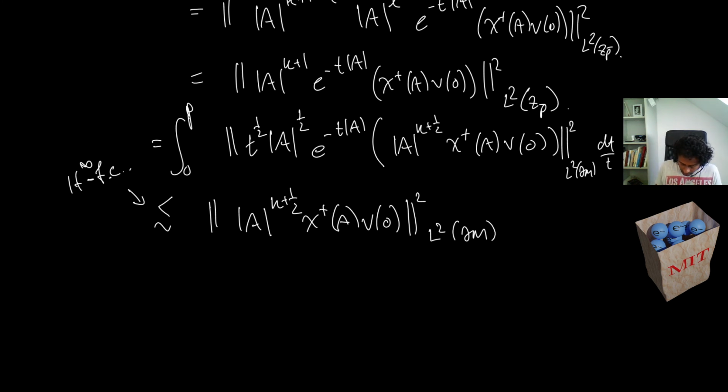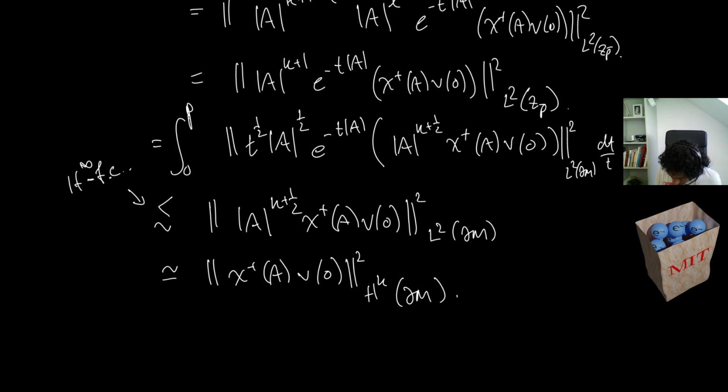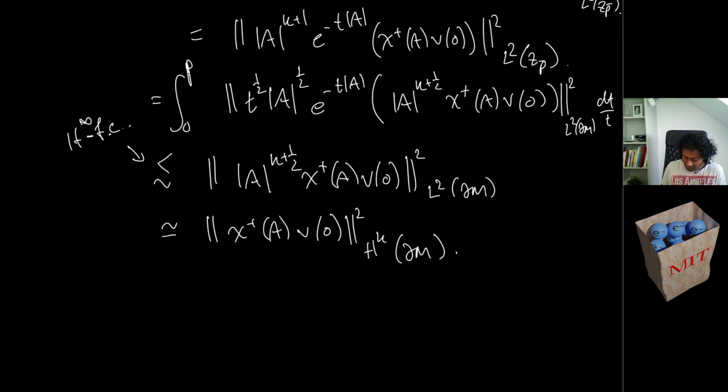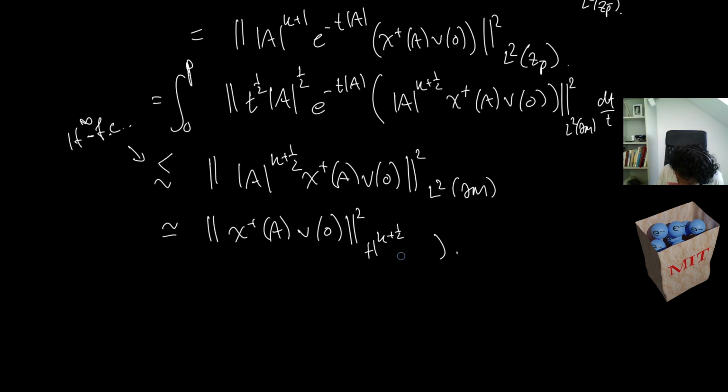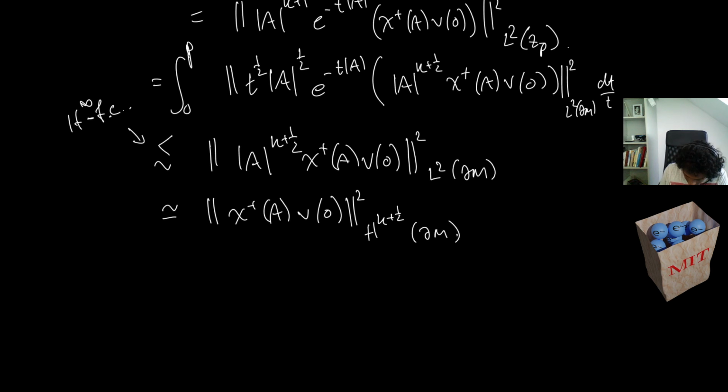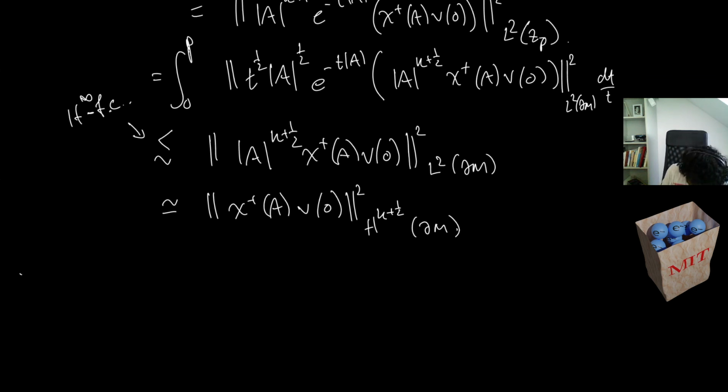Good. So then this is precisely now comparable to the H k norm over the boundary. Sorry, H k plus a half norm. Sorry, k plus a half norm over the boundary. Okay, so what does this tell us?